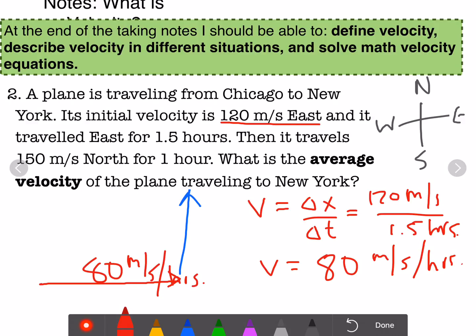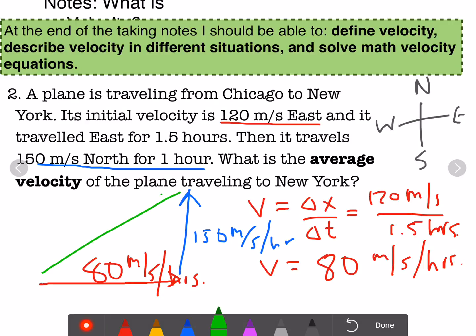Sorry about that, I know I'm kind of going backwards now. Because we have only 1 hour, it's just going to be 150 meters per hour. Okay, so we have that now. We have an east and a north. To find the relationship between these two, we are going to have to use the Pythagorean theorem.